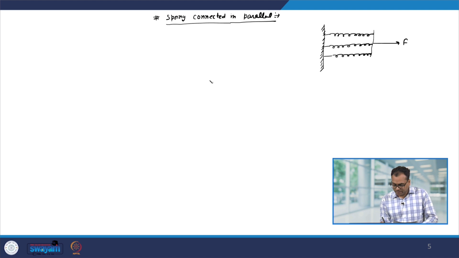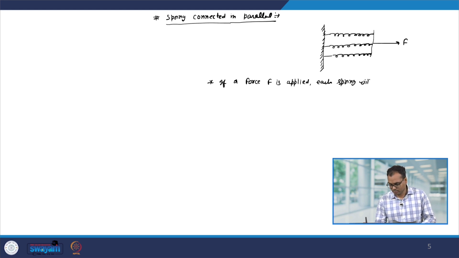So, if we apply a force F, then each spring will be stretched by the same amount.